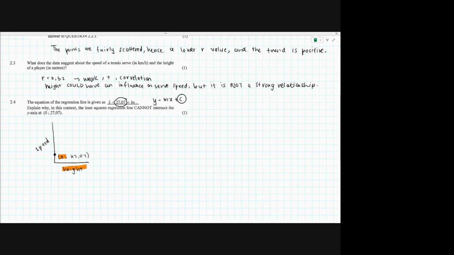Is that possible? And then still serve a serve with a speed of 27.07 kilometers? No, it's not possible. So that's why it says in this context, explain why it cannot intersect there. So it's not possible. That was a very aggressive not. I apologize.